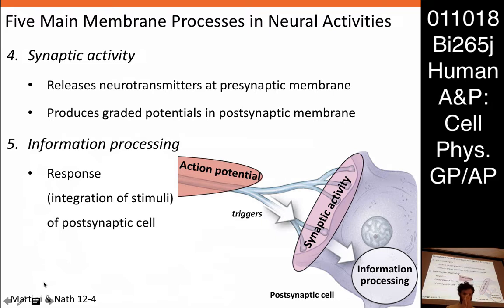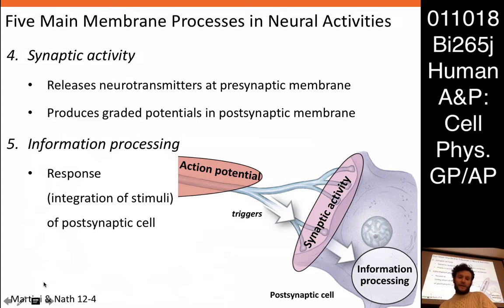And then finally, a little bit out of order here, really, I should tuck information processing between graded potential and action potential in this list. But I put it at the end because I talk about it at the end, and I may not even talk about it today because just handling the first four is sophisticated enough. Frankly, information processing would probably require a whole class course on how these cells really process all the electrical field information.